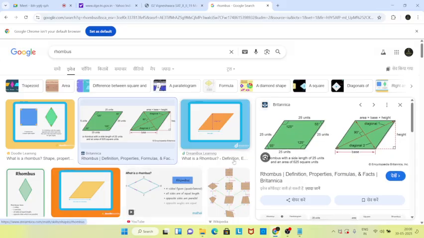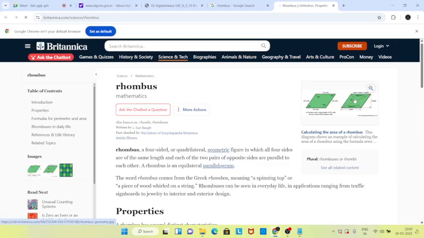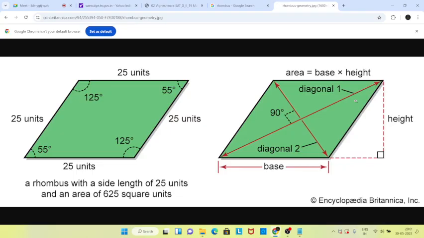Wait, I will take that picture again. See, this is 24, so half of it is 12.